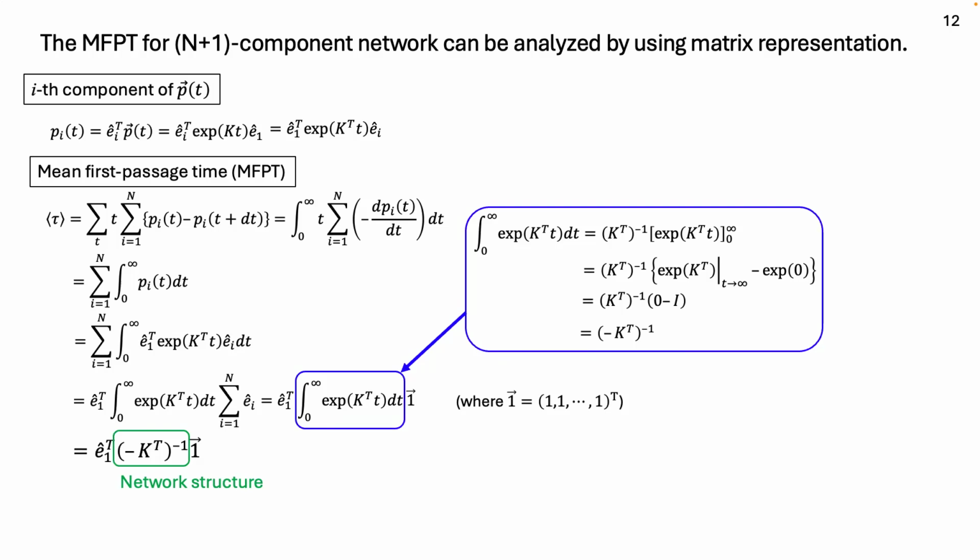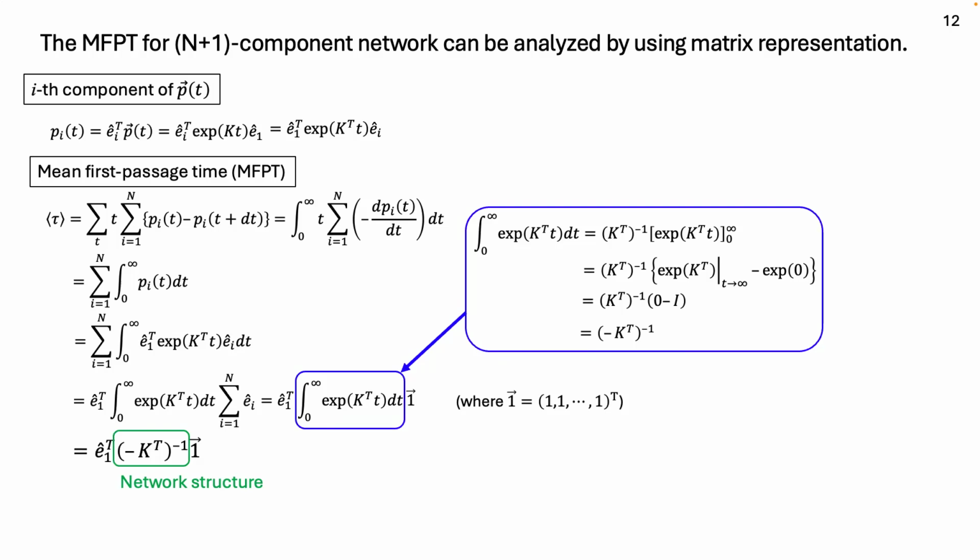So the K matrix contains the network structure. So we use the solution of the P vector. For the conclusion, we don't need to solve the exact solution.